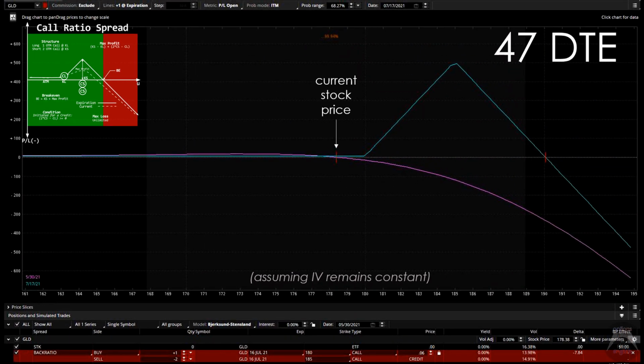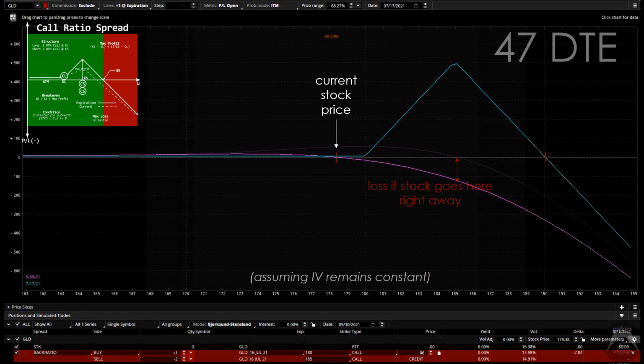If our current stock price goes to our short call strike right away, we'll have losses, even though this is exactly the price at which you would have max profit at expiration. This is because there is plenty of extrinsic value still to come out of the position. It is only when all or most of the remaining extrinsic value is taken out of the position that you will see significant profits at that stock price.